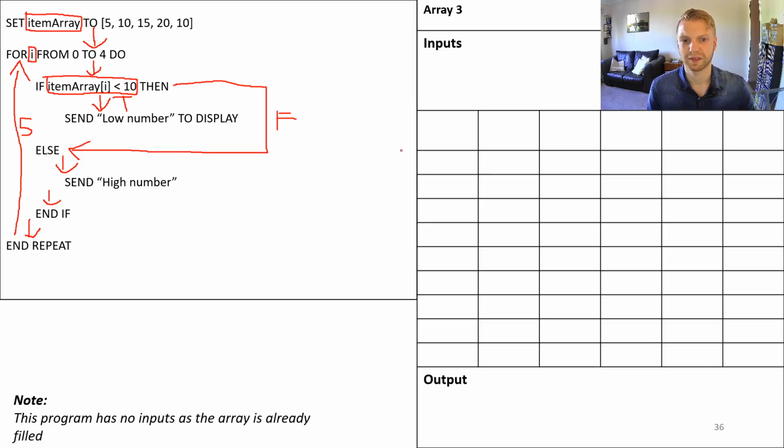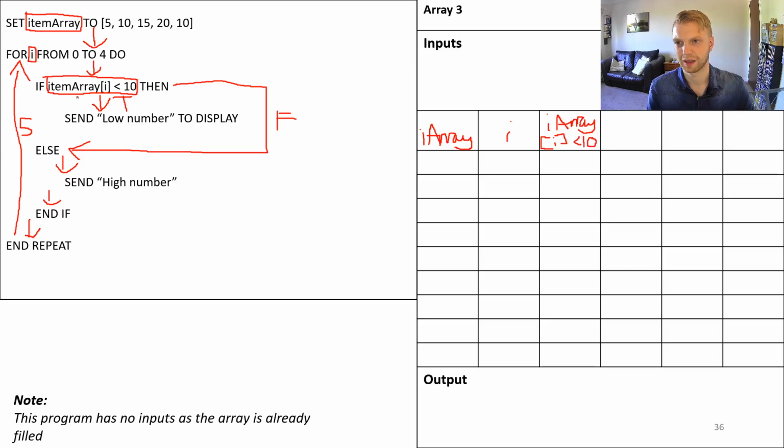So item array, we'll just call it I array. I, and this will be I array, square brackets I, less than 10.